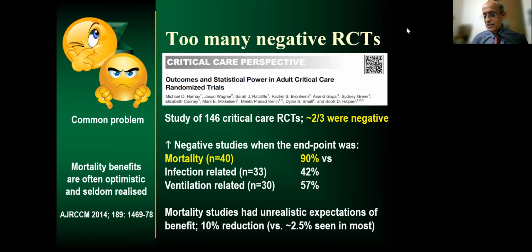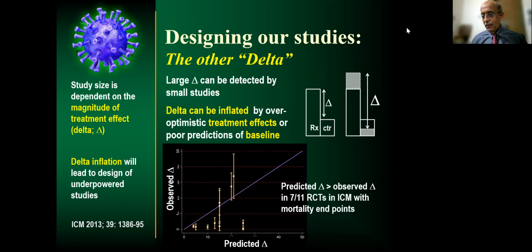So these studies were unfortunately a little too small for the detection of what they see as a genuine reduction in the mortality. And this is quite important because this creates another problem with Delta, not with the Delta virus, but what we would call as Delta or the treatment effect.